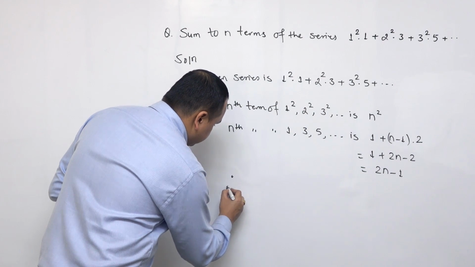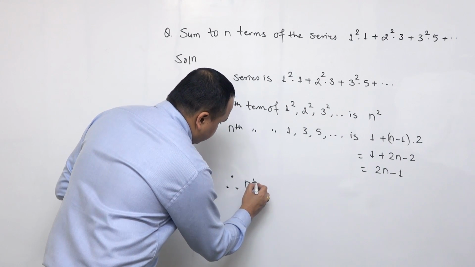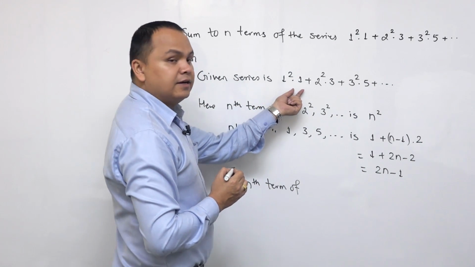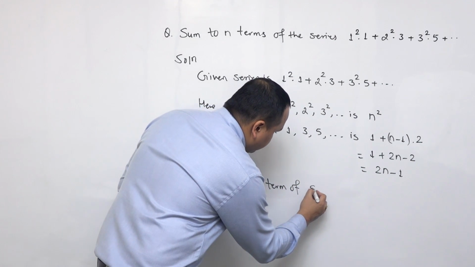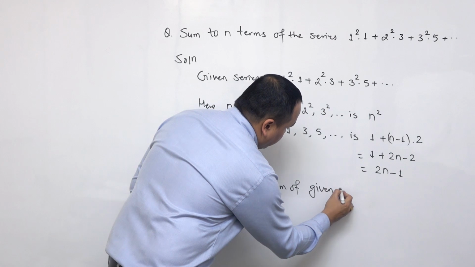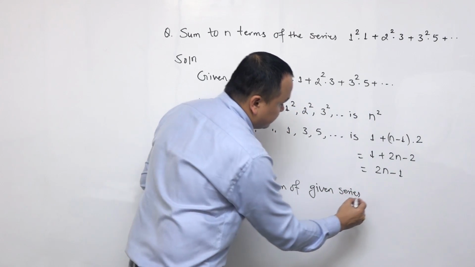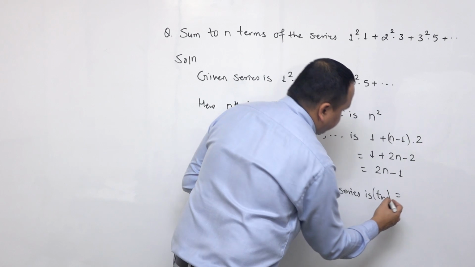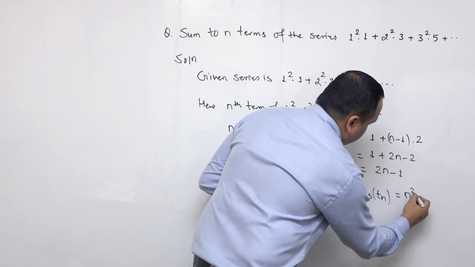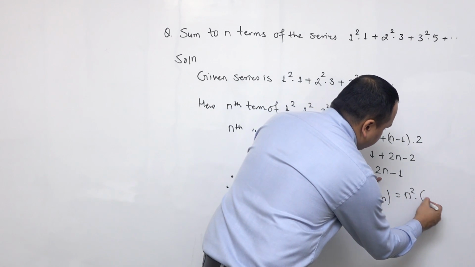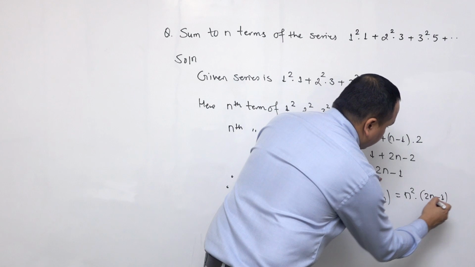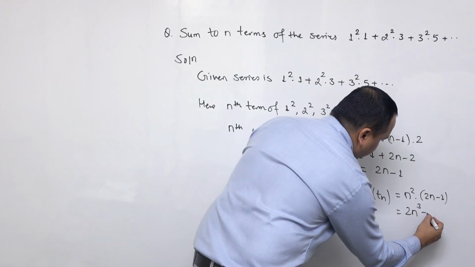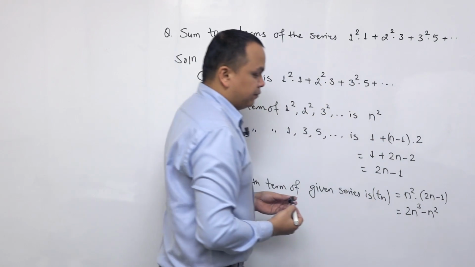Therefore, nth term of given series is Tn, and this is n square times 2n minus 1, and this is 2n cube minus n square.